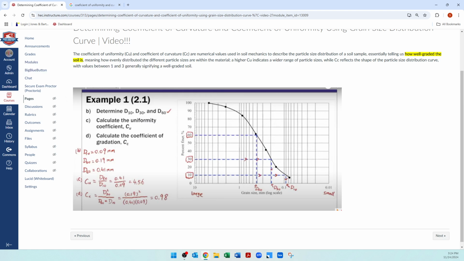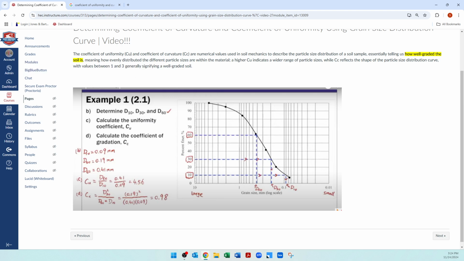So let me read that whole thing up here. The coefficient of curvature reflects the shape of the particle size distribution curve. So values between 1 and 3 generally signify a well-graded soil, and values between 1 and 3 will usually get you somewhere with a curve just like that.